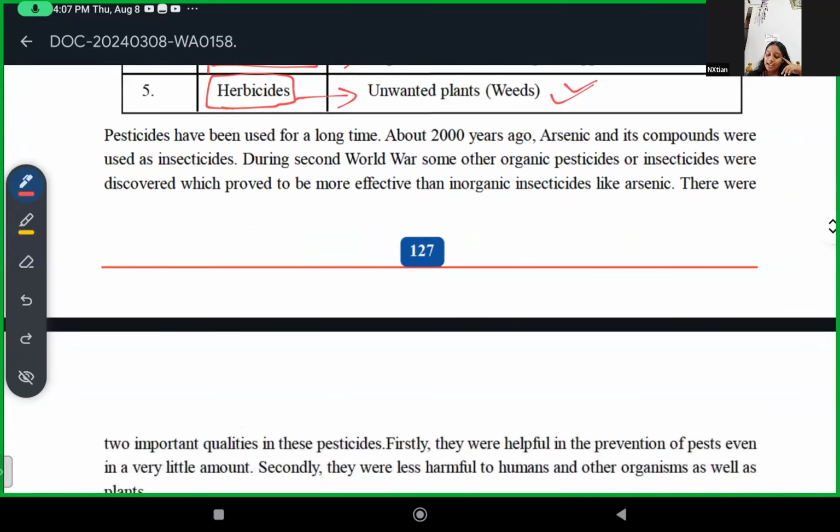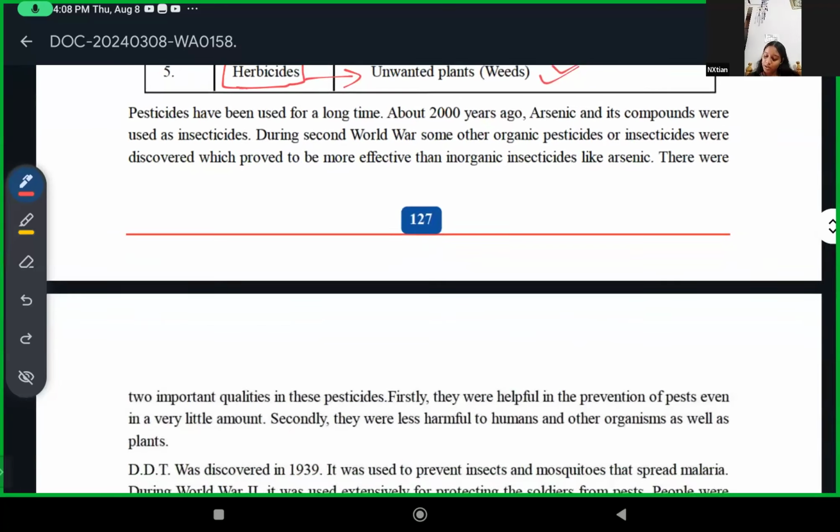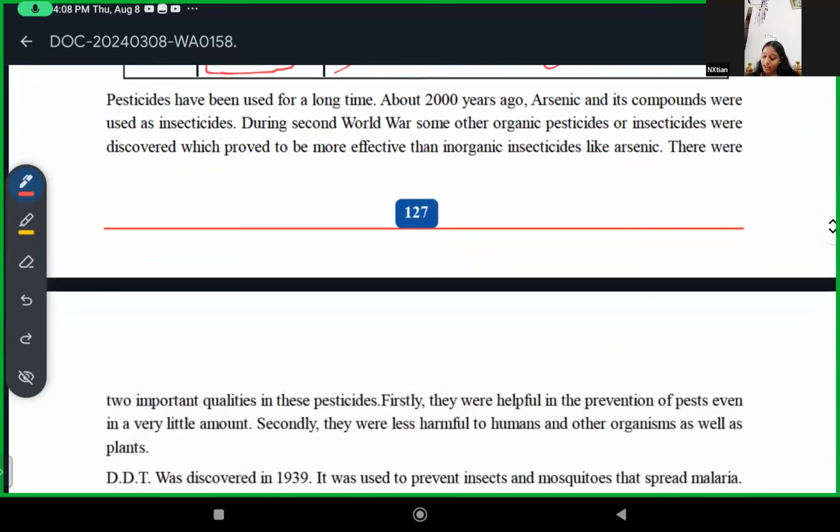Now, pesticides have been used for a long time. About 2000 years ago, arsenic and its compounds were used as insecticides. During the Second World War, some other organic pesticides or insecticides were discovered, which proved to be more effective than inorganic insecticides like arsenic. Okay, this is inorganic.